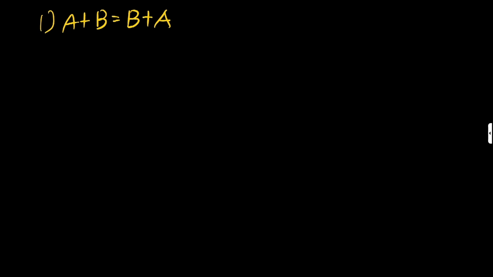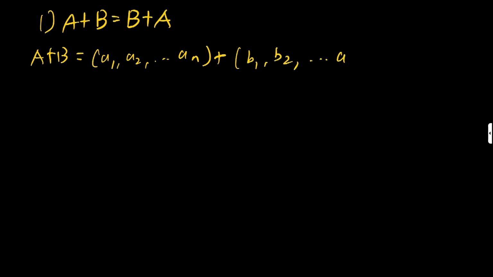So the first step here would be to write A plus B as A1, A2, up to A sub n plus B1, B2, up to B sub n. Now remember, when we had points like 2 comma 1 plus 0 comma 3, we would just add them respectively, so we would get 2 comma 4, right? We're going to take that idea and apply it here.